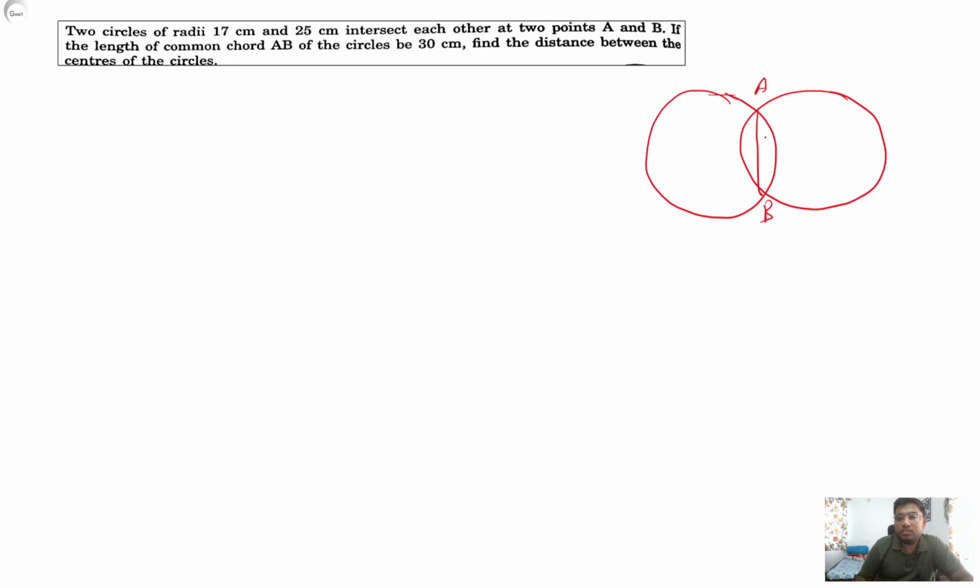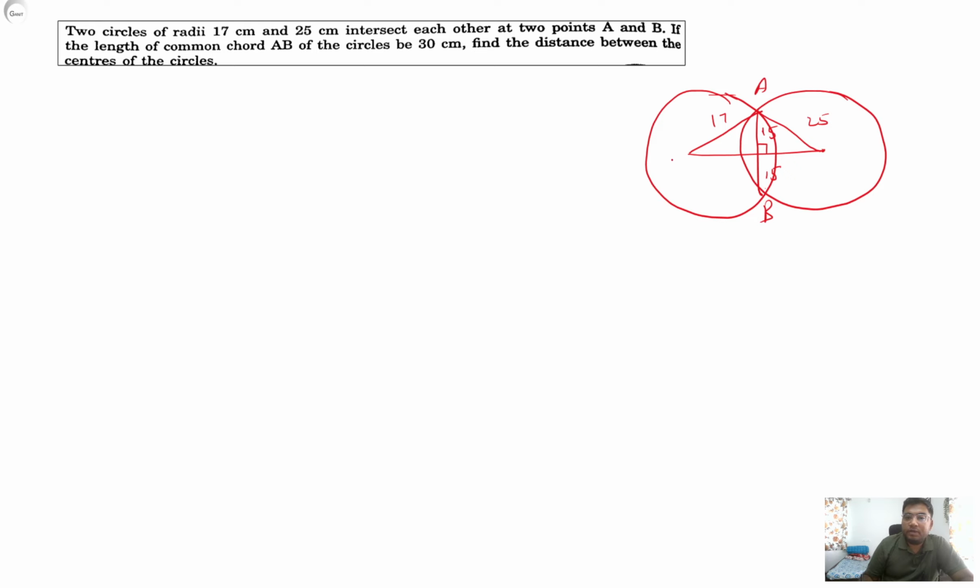So this is the chord they are talking about. The radius has been given as 17 centimeter and 25 centimeter. Because of the chord properties, we can easily say that this is perpendicular, and this entire chord, which was 30 centimeter originally, is divided into two equal halves, 15 and 15.